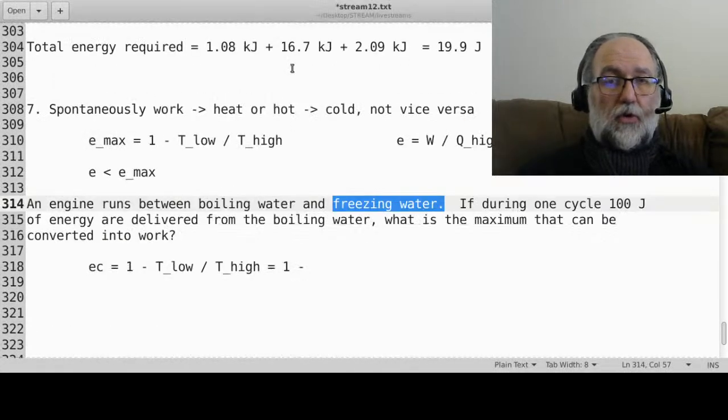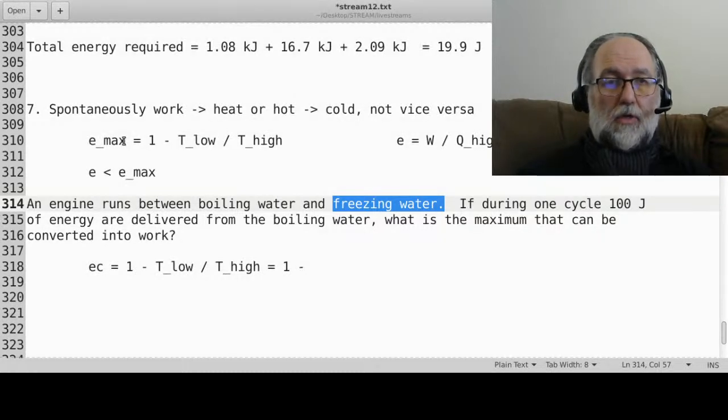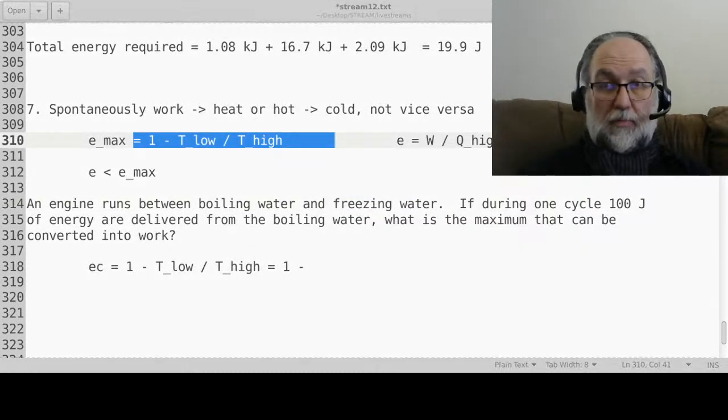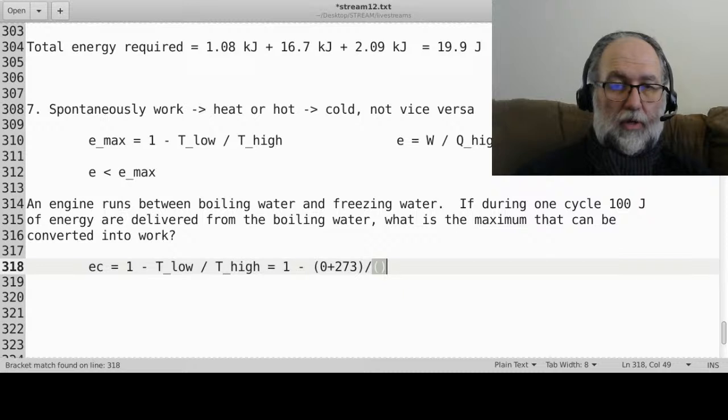Water freezes at 0 degrees Celsius, but this formula depends on everything being in Kelvin. So the temperatures must be in Kelvin. For the low temperature here, we're going to put in 0 plus 273. And for the high temperature here, we're going to put in 100 plus 273.